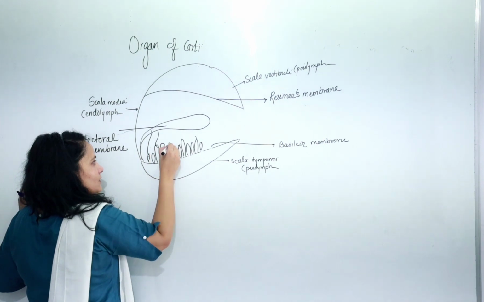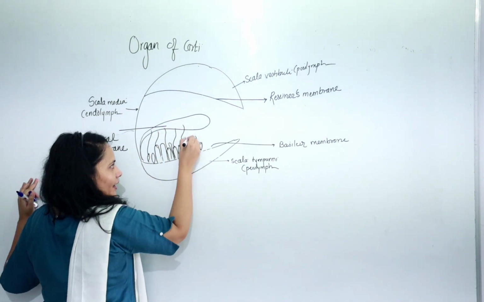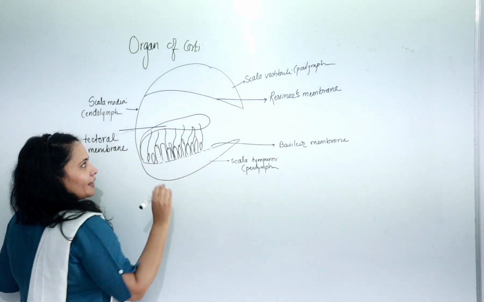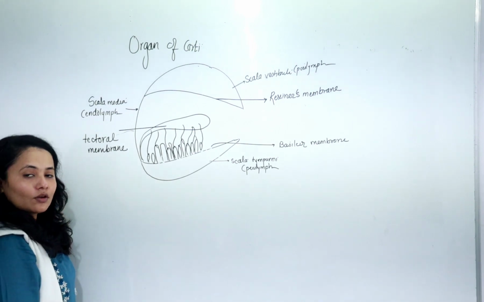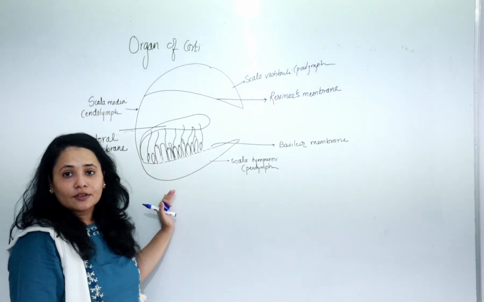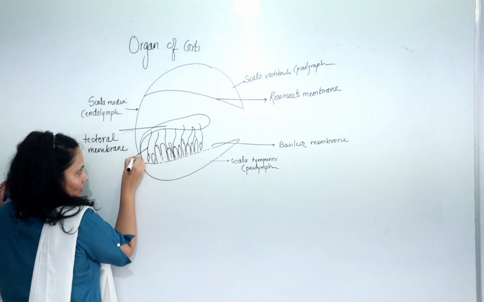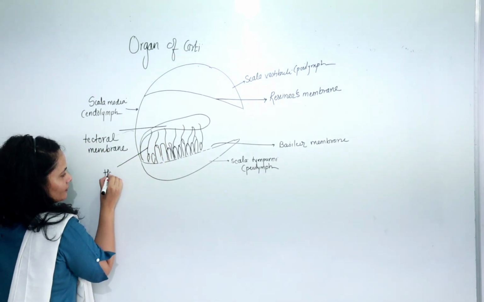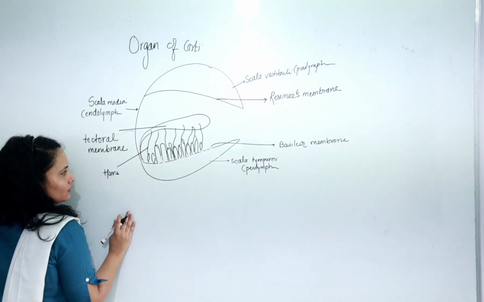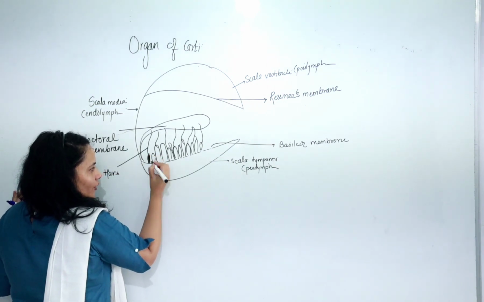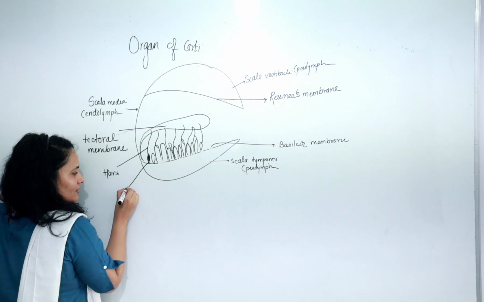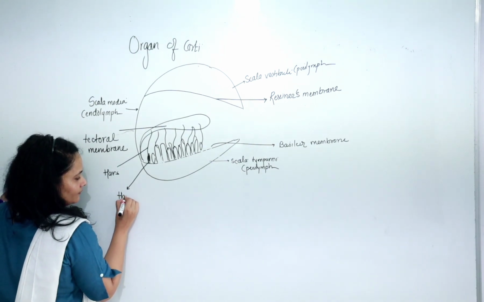Some of them bear hairs, and the hairs are embedded in the tectorial membrane. These are the hairs, and the cells from which the hair develops are known as hair cells.